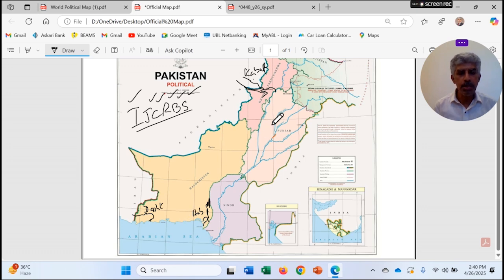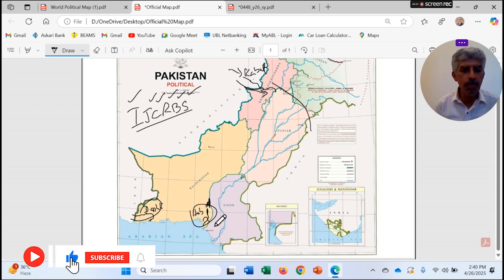So these are the rivers, 6 rivers over here: Indus, Jhelum, Chenab, Ravi and Sutlej in Punjab, and Kabul river enters Pakistan from Afghanistan side. So 5 and 1, 6, and one Hab river and one Dasht river.